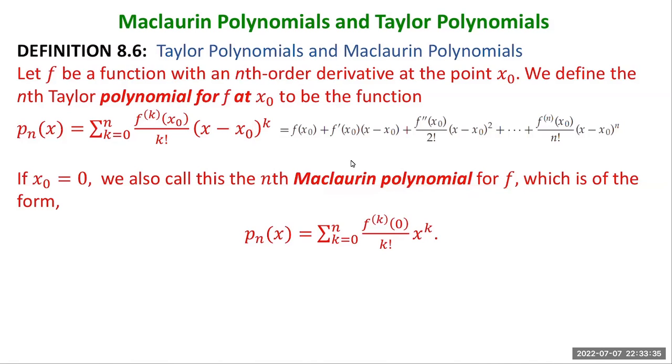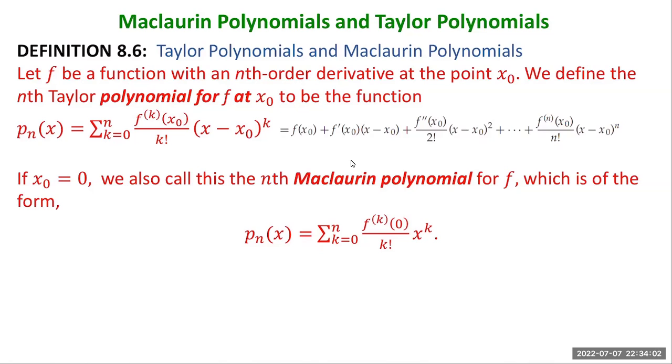So the Maclaurin polynomial is given by P_n(x) equal to sigma k goes from 0 to n of f^(k)(0) divided by k factorial times x to the power k. All you do is you put x naught equal to 0 here and x naught equal to 0 here. Then you get this one. This is what we call the Maclaurin polynomial for f.